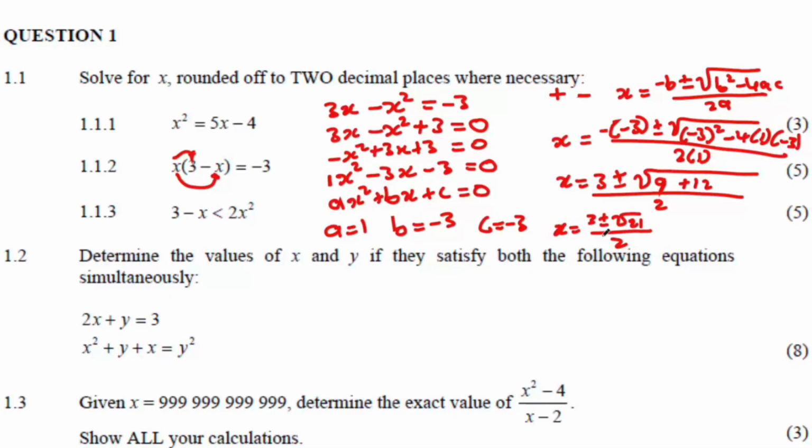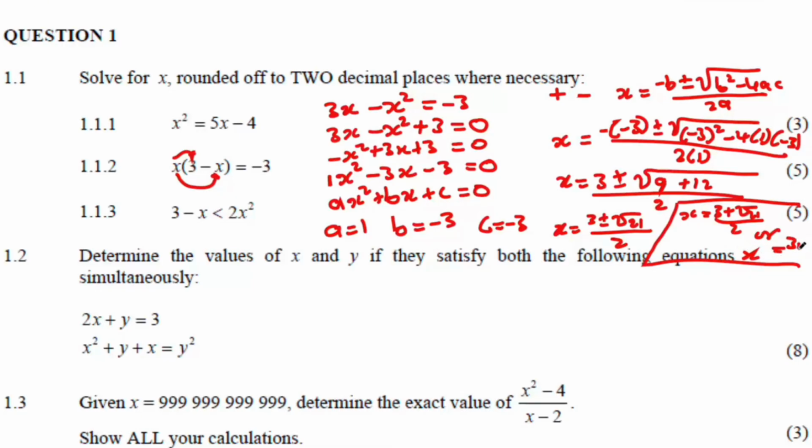This is your answer. And what does this mean? This means that, let's try to put it somewhere here, which means that x is equal to 3 plus square root of 21 divided by 2, or x is equal to 3 minus, where is the minus?